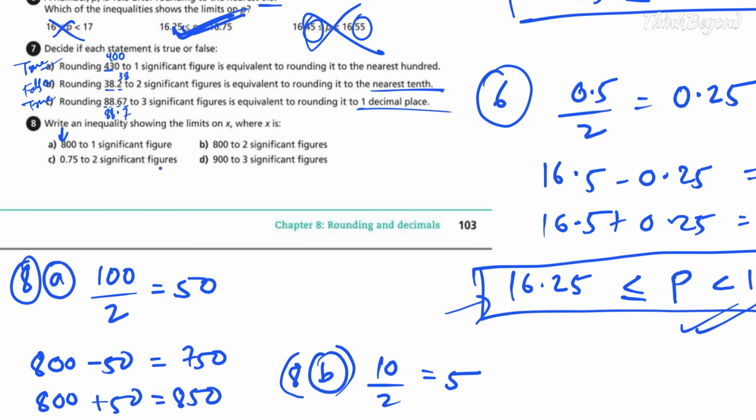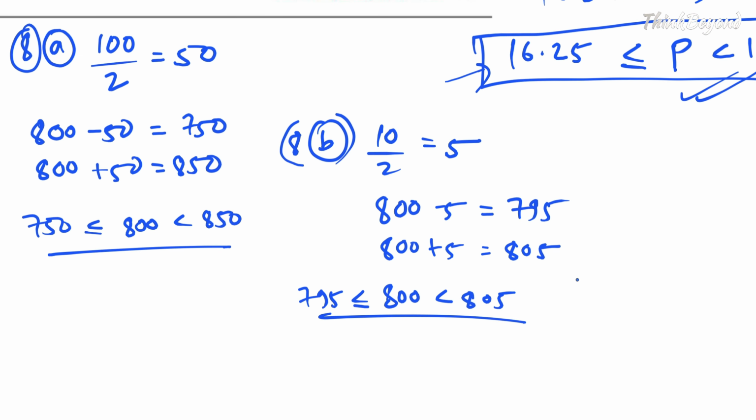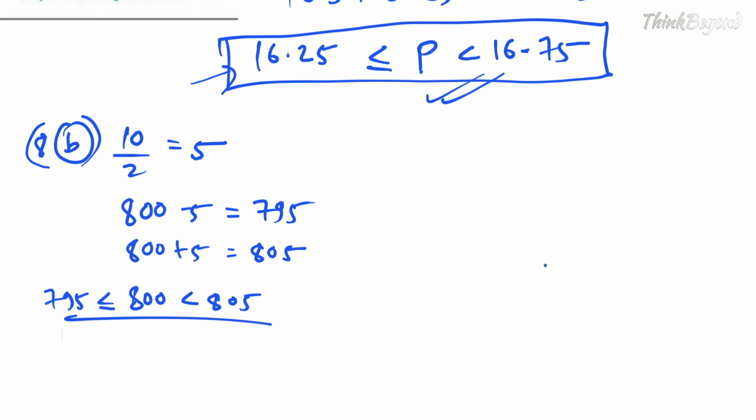Now question 8c, 0.75 to two significant figures. The first two significant figures are 7 and 5.